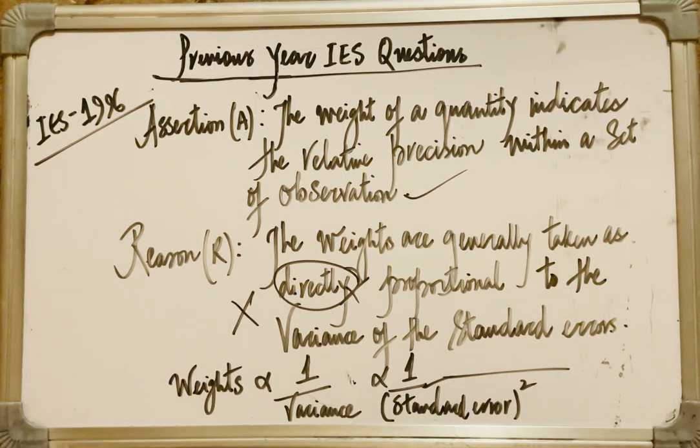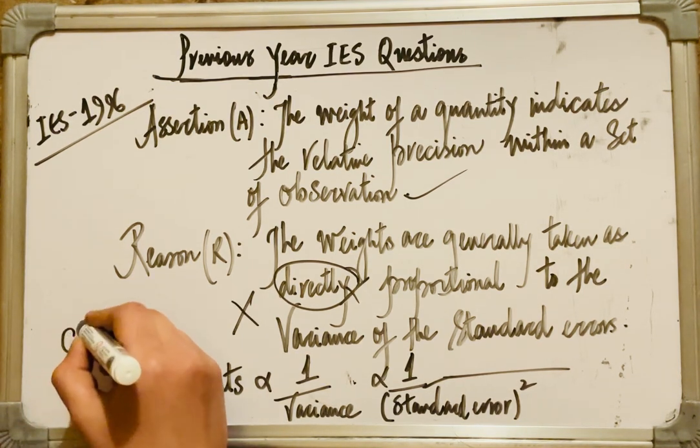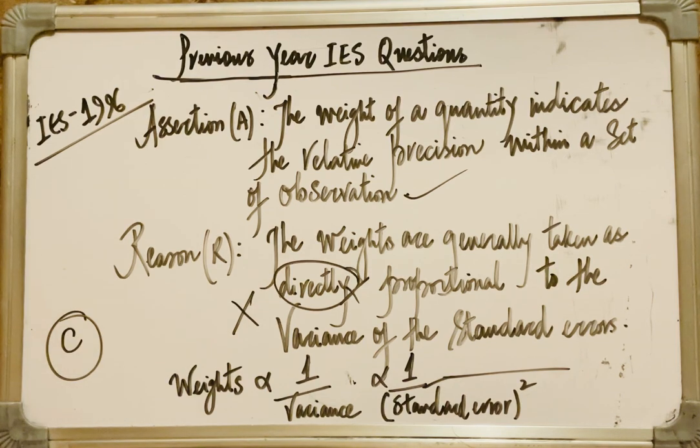So weights are never taken directly proportional to the variance. They are always taken inversely proportional to the variance or the square of the standard errors or probable errors. So assertion is correct, reason is false. So option C, where assertion is correct but reason is false. All right, moving on, let's do the next question.